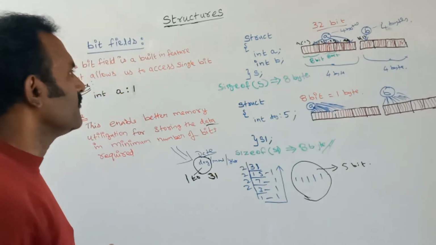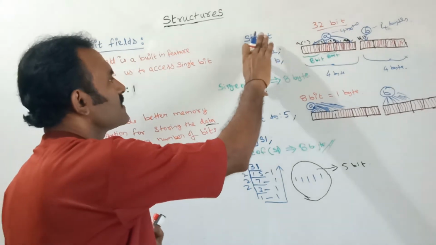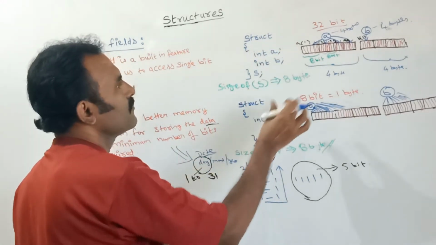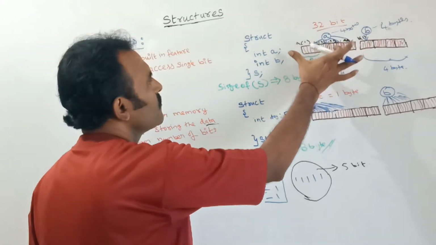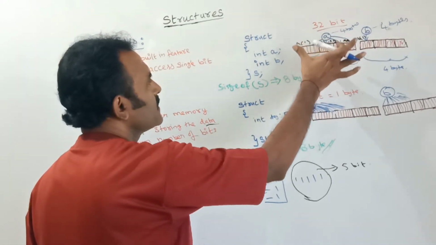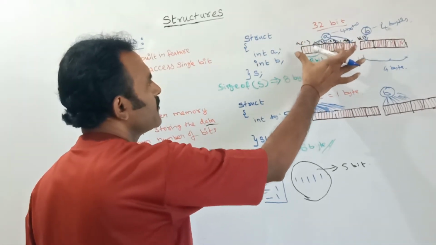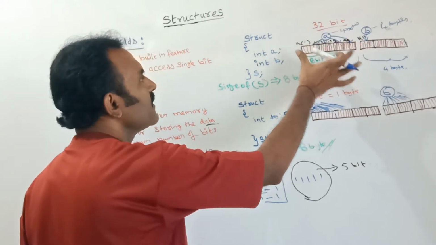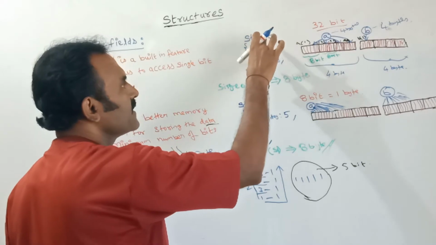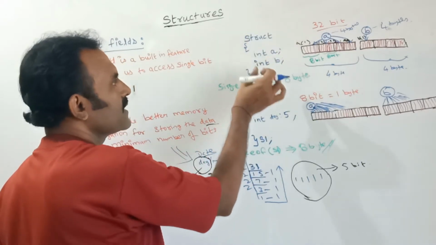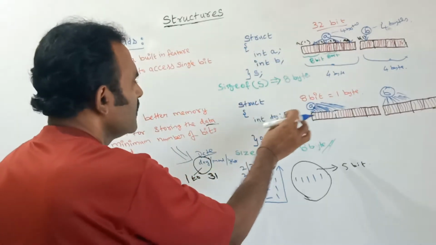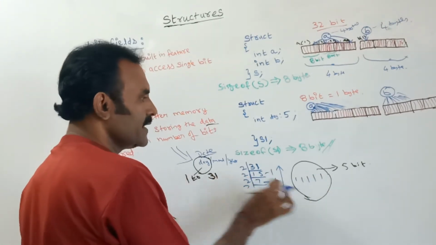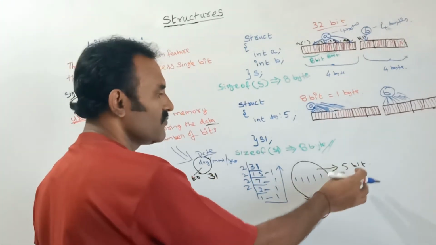Normally, if you are creating a structure variable integer day, how much will it occupy? It will occupy 4 bytes. Each and every byte has 8 bits. So totally 32 bits were allocated for this day in normal declarations. But in the date, 31 is the highest value, so a maximum of 5 bits is enough for us.